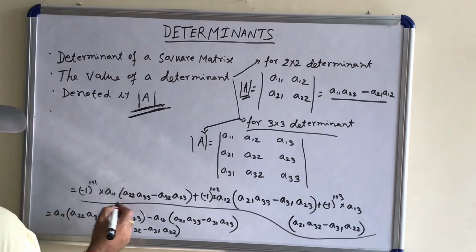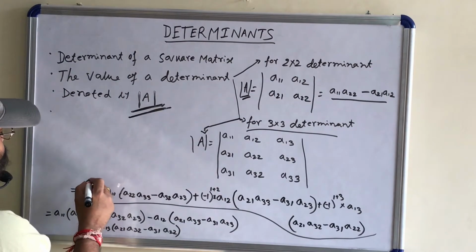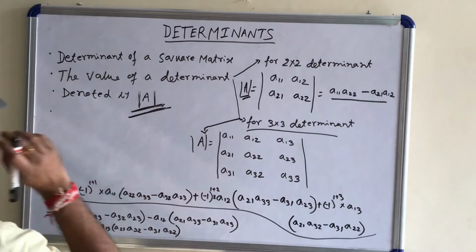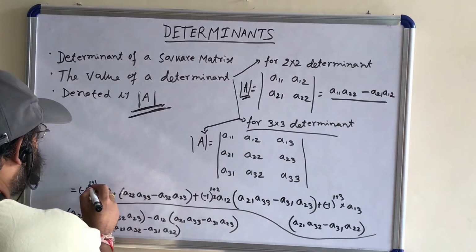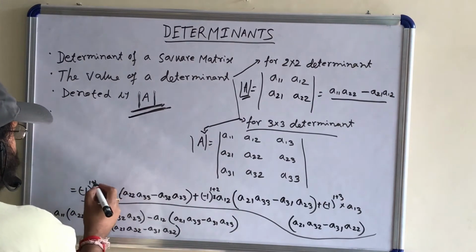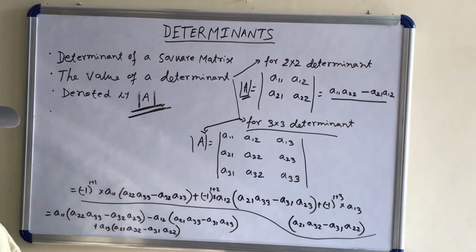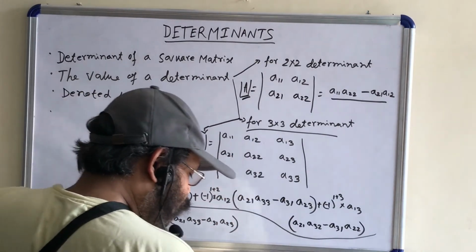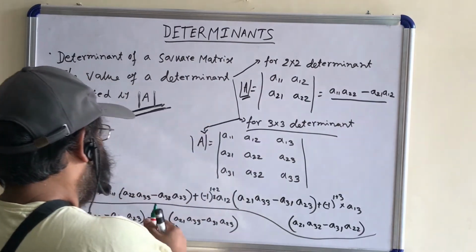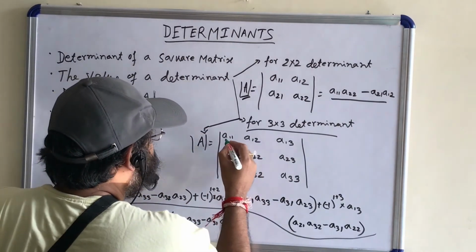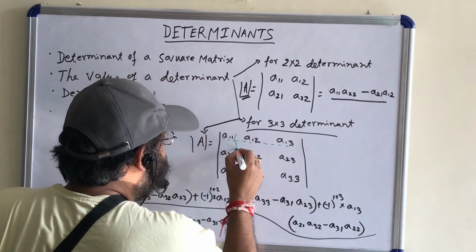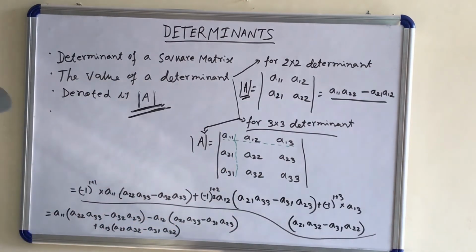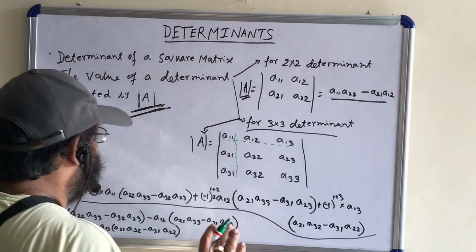So we take minus 1 whole to the power of the row number and column number of the element. For the first element, A11, it is first row and first column, so the power is 1 plus 1. After that you suppress the row and column which contain that element itself. That is, eliminate the first row and first column.